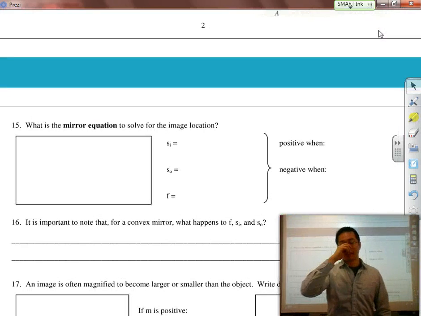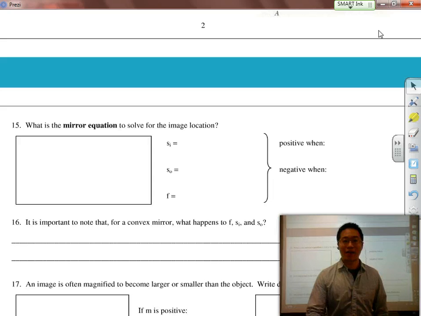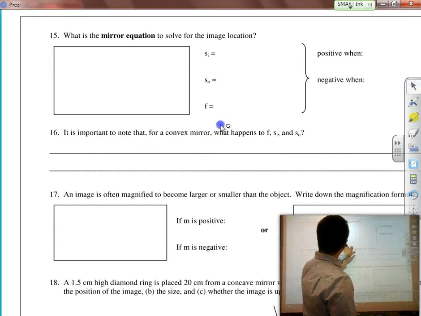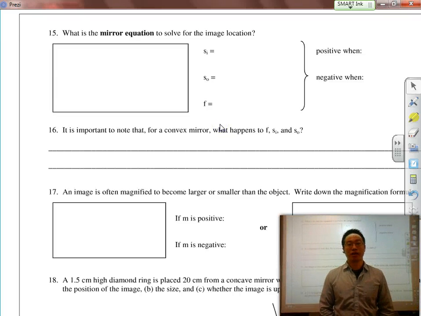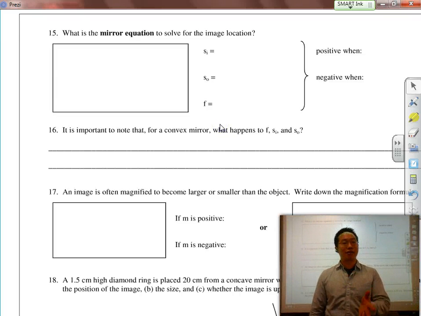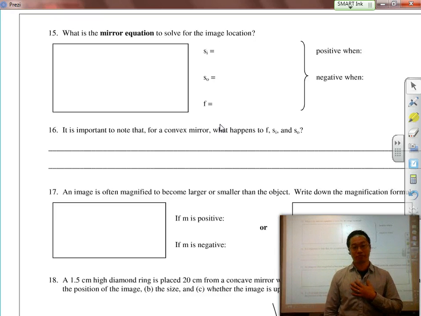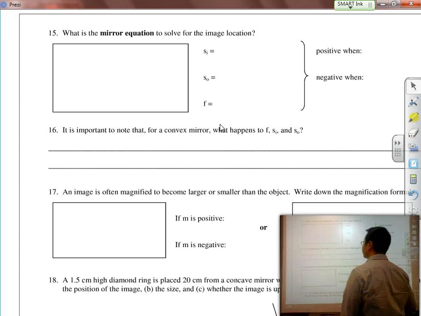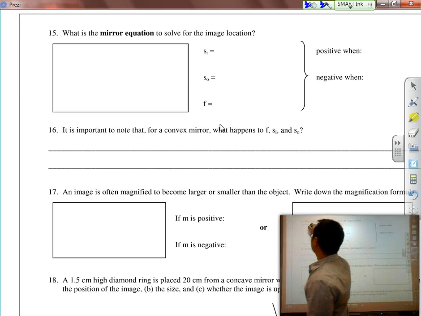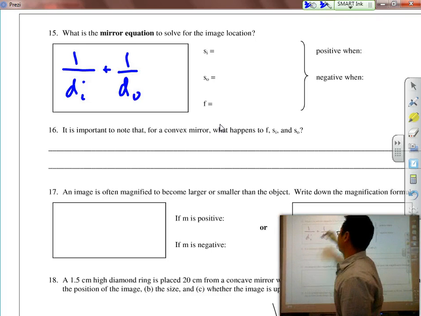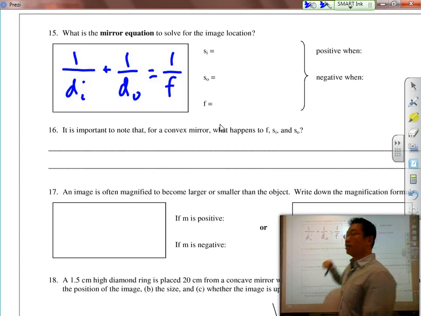Okay. Now let's talk a little bit about the math behind drawing for mirrors. When you do your math, it should match up exactly the same way as your drawing does. The mirror equation that we're going to use is 1 over di, distance of the image, plus 1 over do, distance of the object, equals 1 over f.